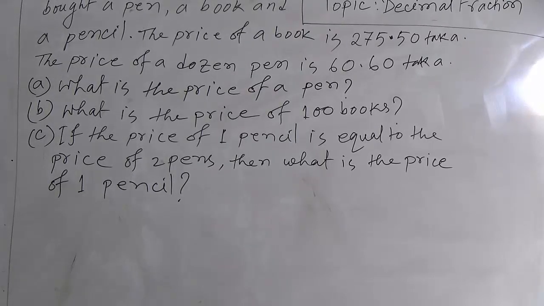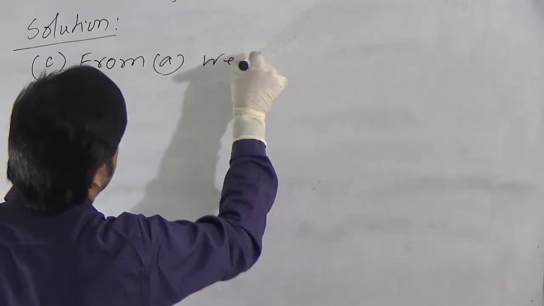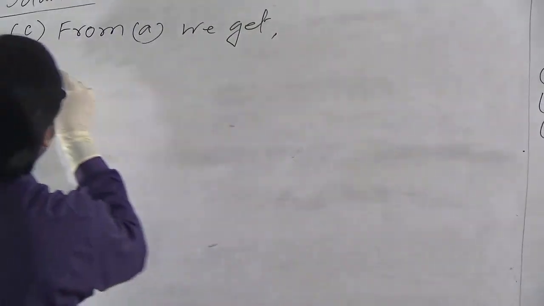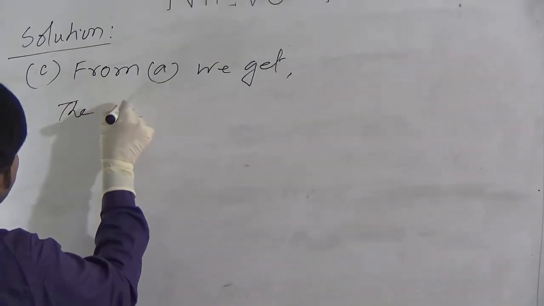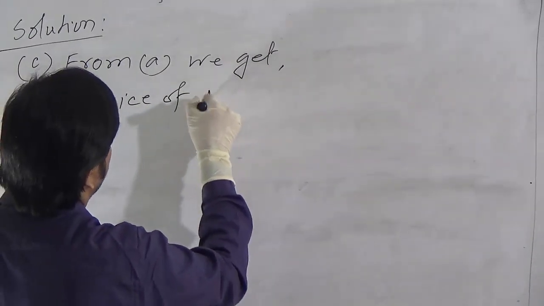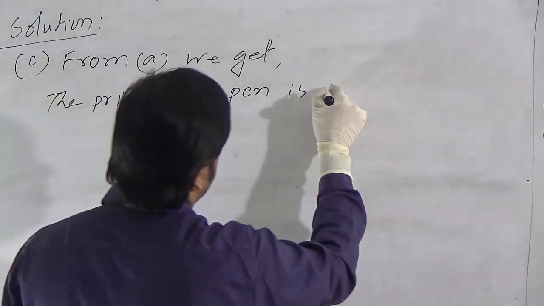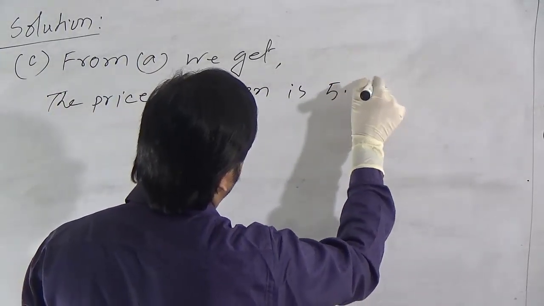So from A we get the price of one pen is 5.05 taka.